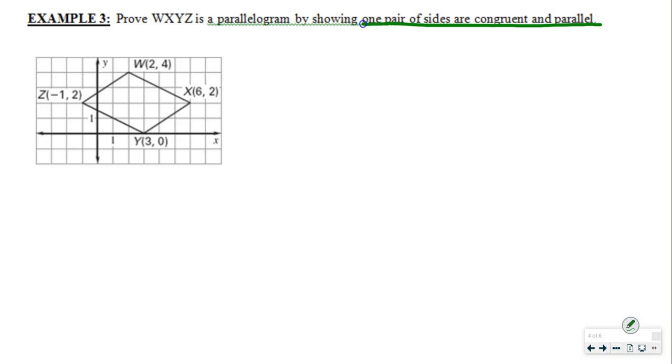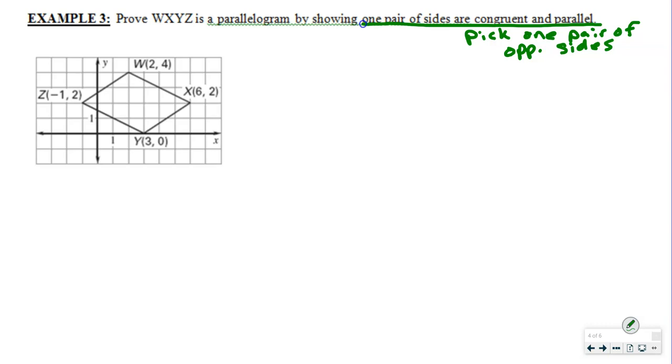So we just need to pick one pair of opposite sides.